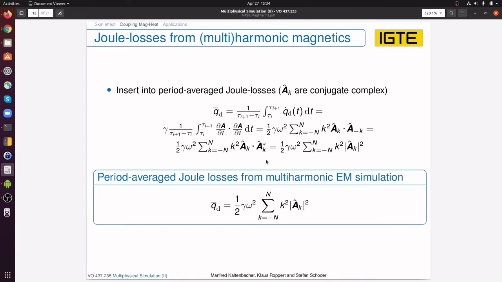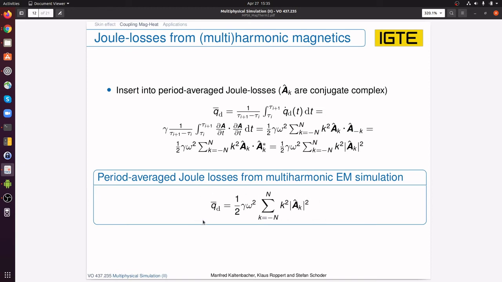Okay, so we insert this into the formula, and simply see that we end up with a multiplication of two conjugate complex quantities, because these A_k and A_minus k are conjugate complex. So the final formula for the Joule losses coming from a multi-harmonic solution of the electromagnetic problem is given here.